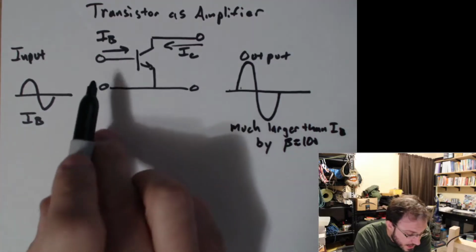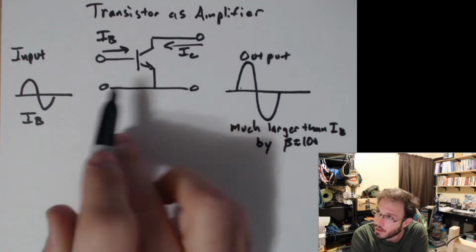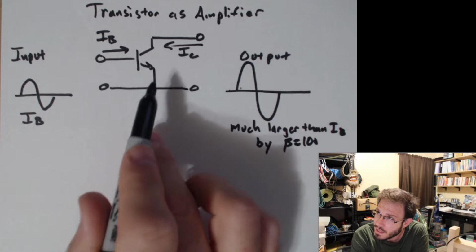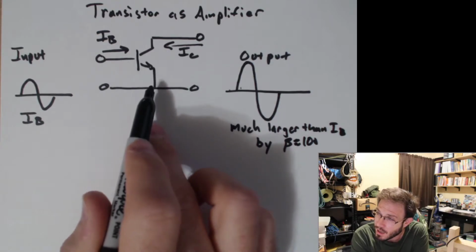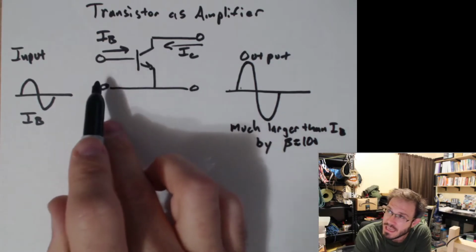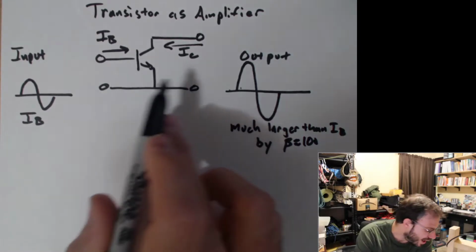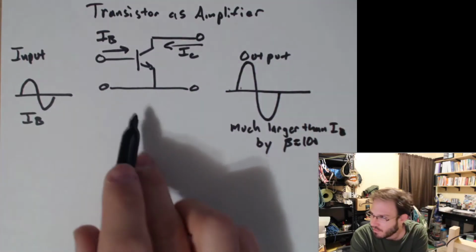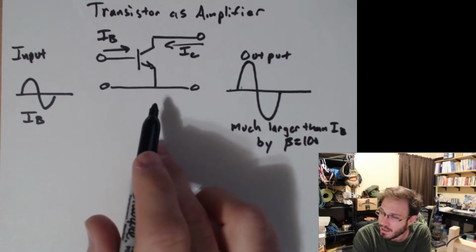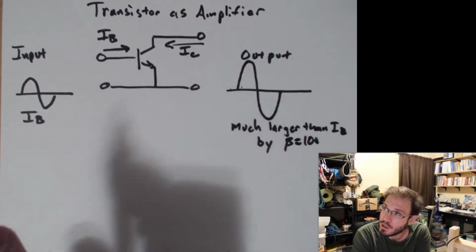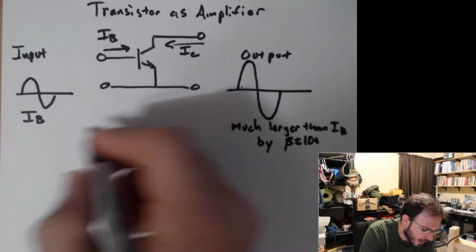Now, because our input and our output are sharing this point, in fact, they're sharing the emitter, the emitter is common to both the input and the output. So this type of amplifier, our first amplifier that we would be looking at, is known as a common emitter amplifier.